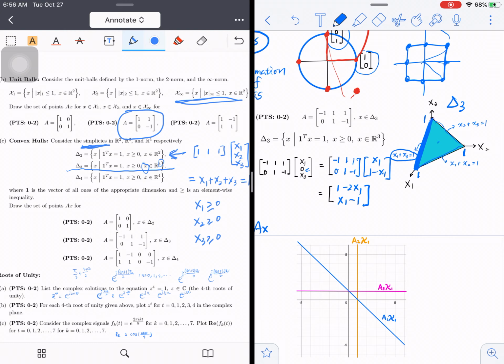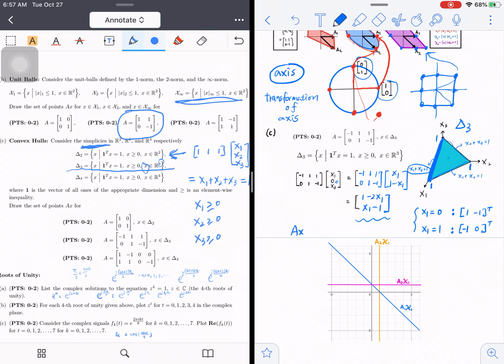Okay, so you get this. So now let us plot. As I said before, you can pick an arbitrary point for x1. So I pick x1 equals 0 and x1 equals 1. What do I get? For x1 equals 0, I get 1, minus 1. For x1 equal 1, I get minus 1, 0. Okay, I get these 2 points.